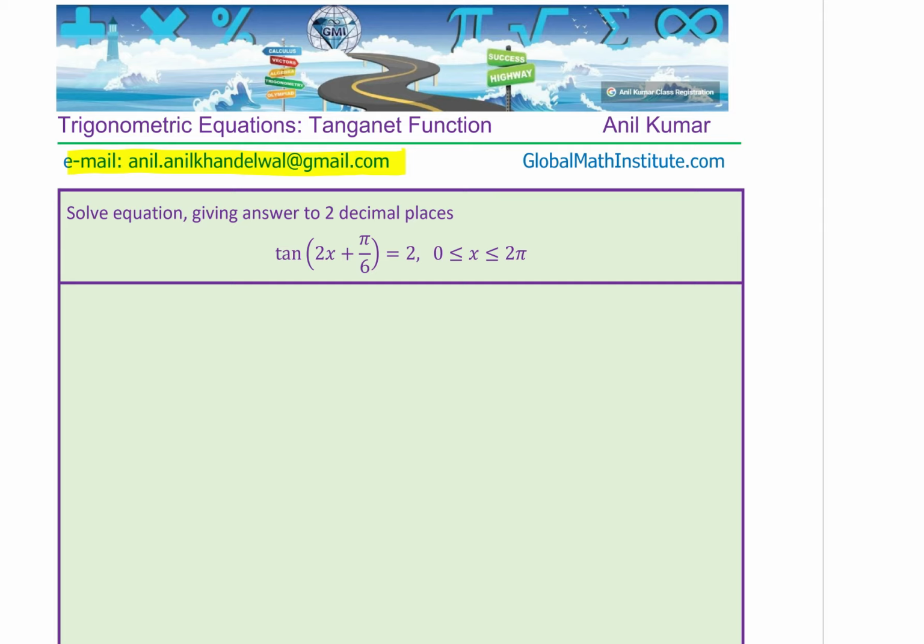Now, let's begin with understanding the period of the tan function itself. Let us say we have tan theta. In that case, what is the period? Well, the period is pi. Tan repeats after pi radians.